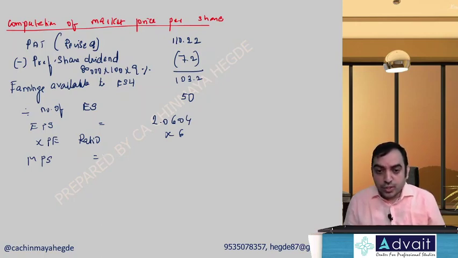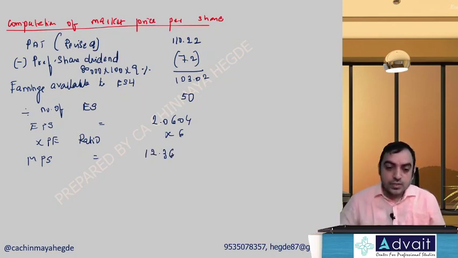Oh, 103.02, is it? Okay, divide by 50. 2.0604 into 6, 12.36. Multiplied by number of shares, you get market value also, but they've asked only so much. Let's calculate only up to that point.